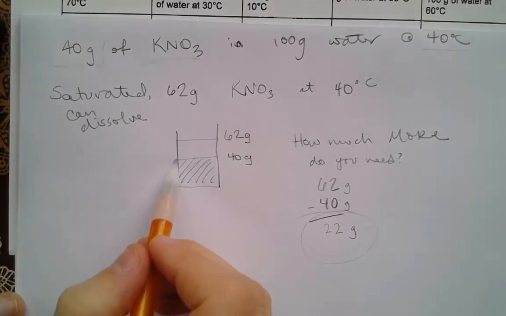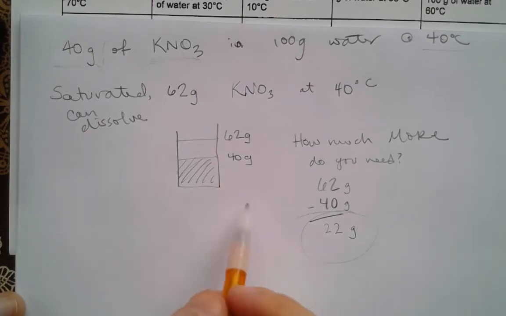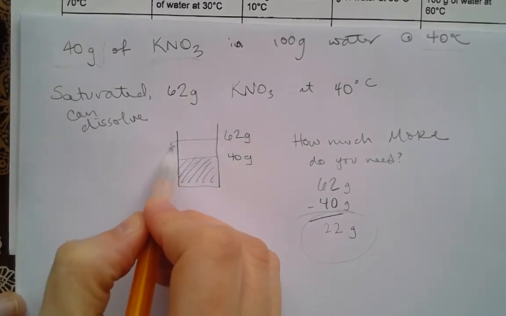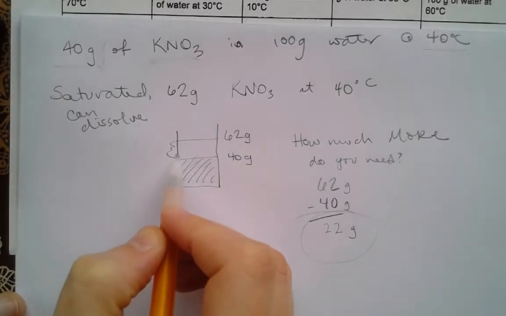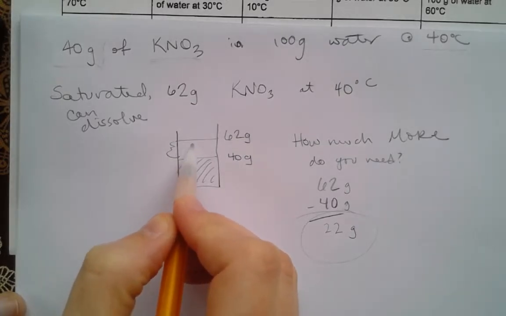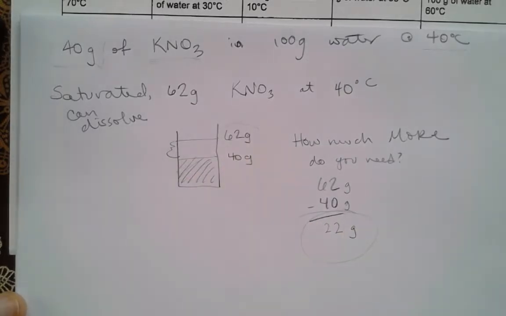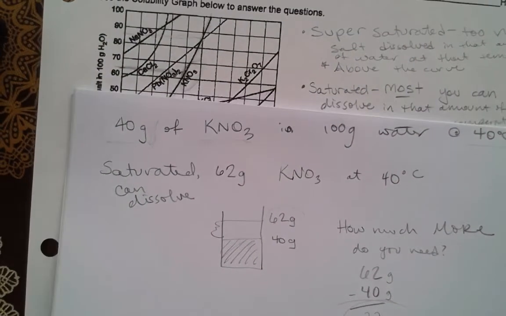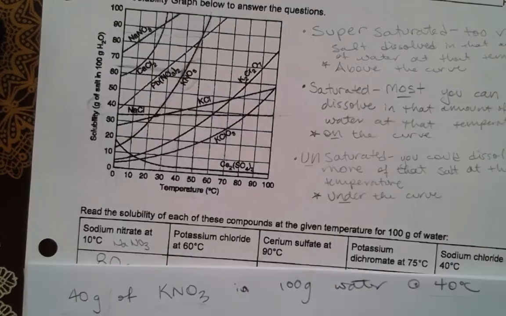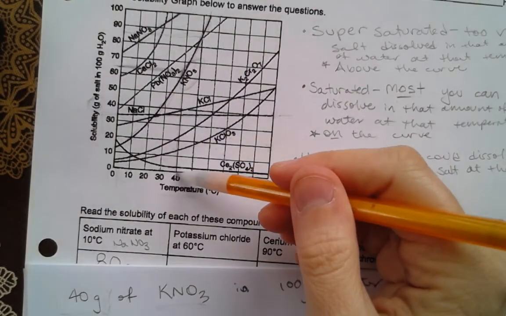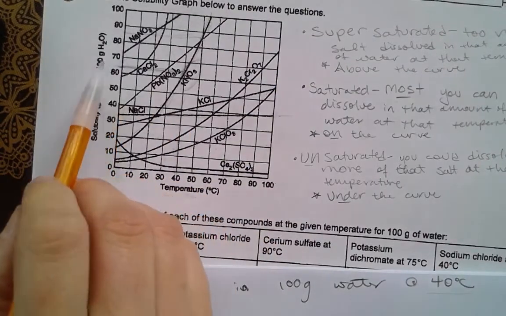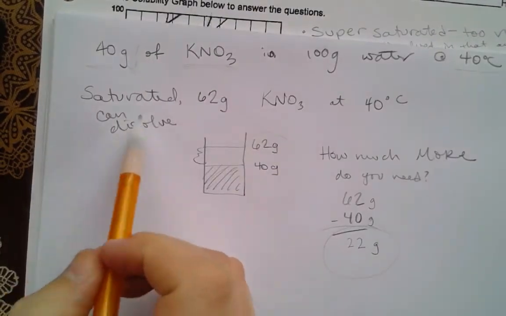That's what you're looking for. So you start with some amount. There you started with 40. You said how much more do you need to add to get all the way up to saturated? So we found that point where it is saturated using your graph. Take your temperature, go up to your curve, find the amount. That's how much you have when you're saturated.